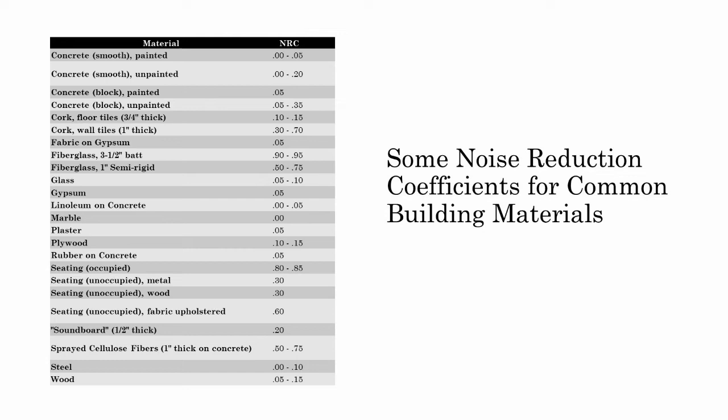Number 5. Cork floor tiles with 3/4 inch thick, 0.10 to 0.15. 6. Cork wall tiles with 1 inch thick, 0.30 to 0.70. Number 7. Fabric on gypsum, 0.05.